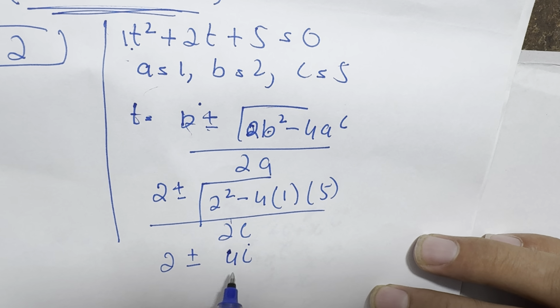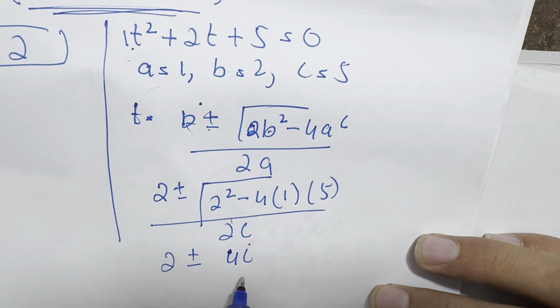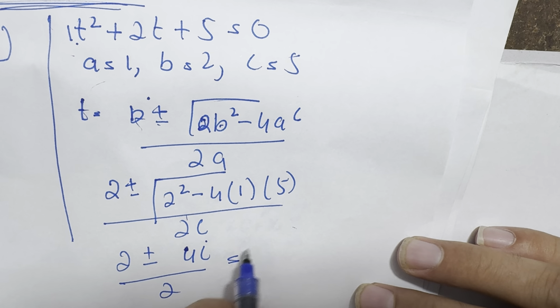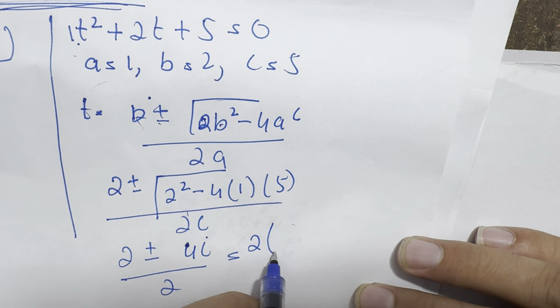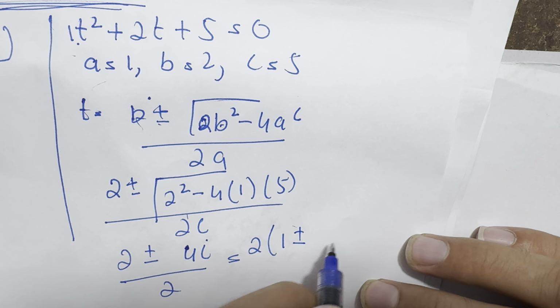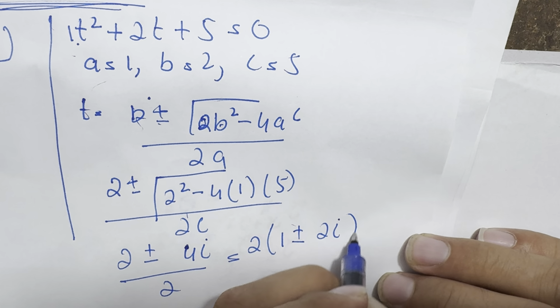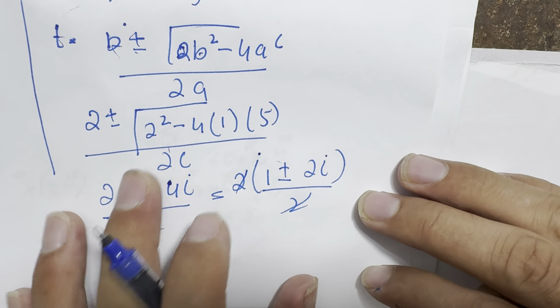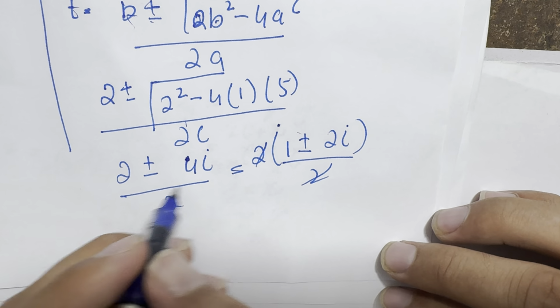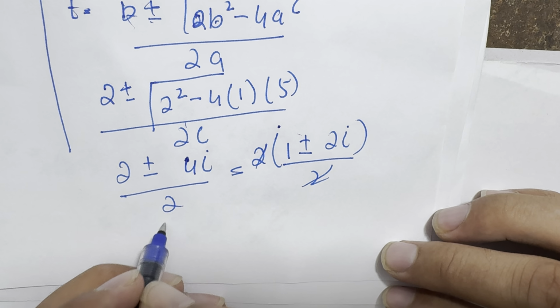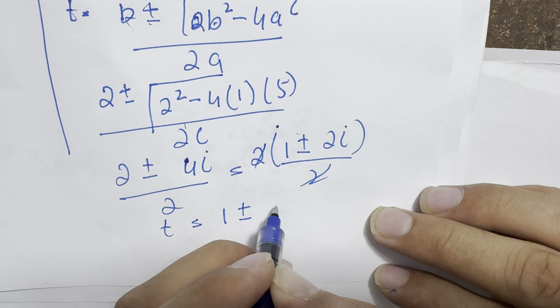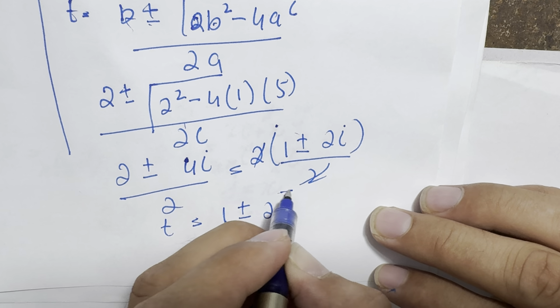Divided by 2, I take 2 common, so minus 1 plus minus 2 iota divided by 2. 2 cancels with 2, so t will become equal to minus 1 plus minus 2 iota.